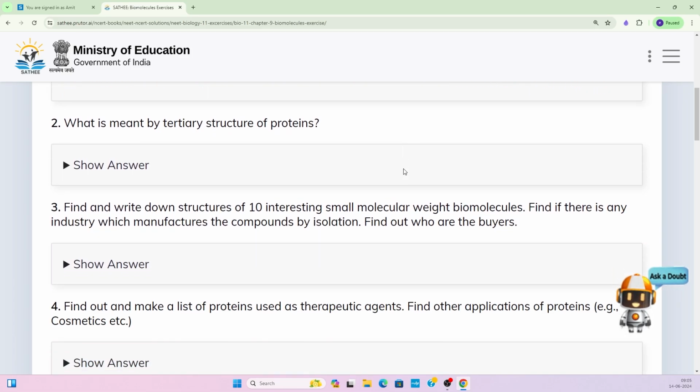Now, the next question is, what is meant by tertiary structure of protein? If you see the structure of protein, then they are of different conformation. There is a primary conformation, there is a secondary conformation, there is a tertiary, and then there is the quaternary structure. So here the question is what is meant by the tertiary structure of the protein.